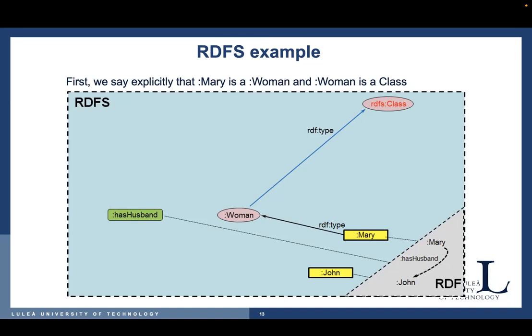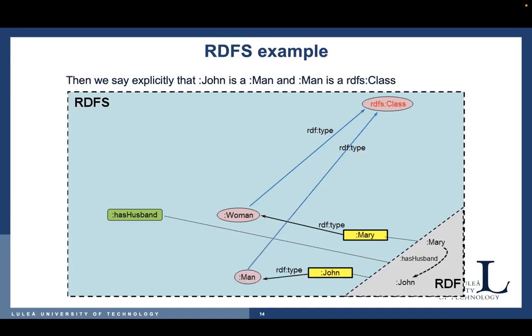We have RDF class from which all other classes are branched out. But the important thing is we have woman as a class. Then we obviously have man also as a class.